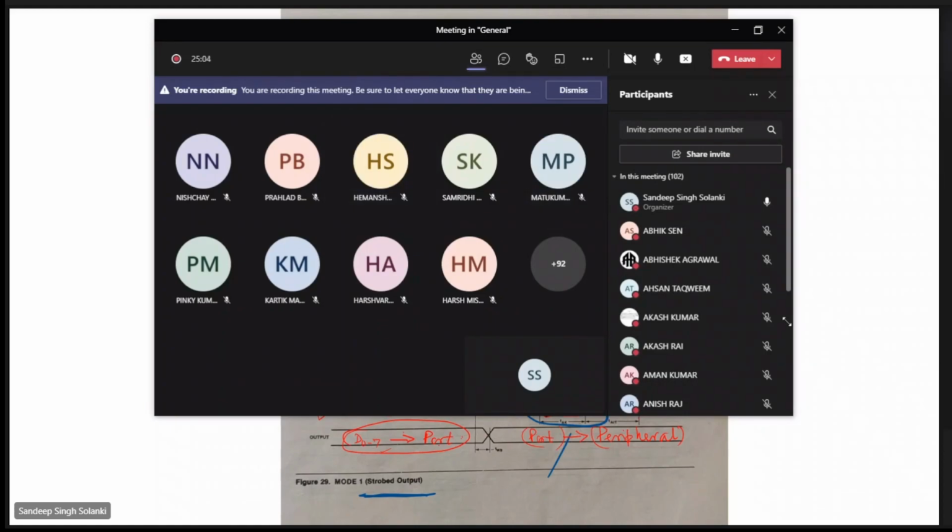After receiving the data. So what is going to come first, the data or the acknowledge? Data. So once the data has been received, then only the acknowledge has to be generated, not before that. So you got your answer? Yes. Anything more from anyone?